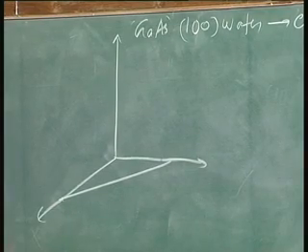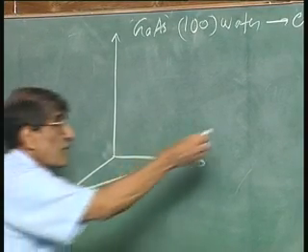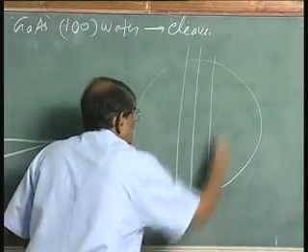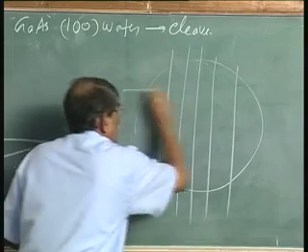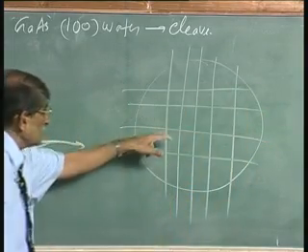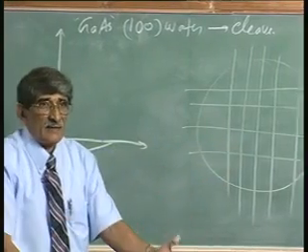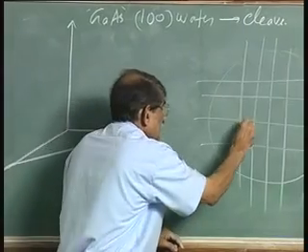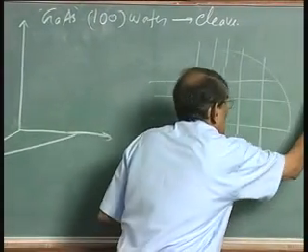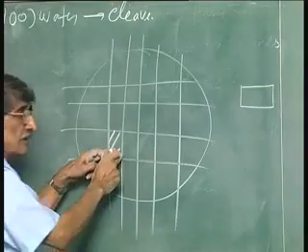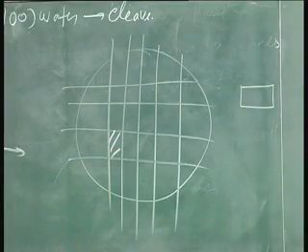I draw a line, I take a wafer, scribe like this, each one is a chip in the scribe and cleave. In the case of silicon device, this is the one which you take out, that will be like that on the top, but if you see the edge, it will be cleaved.